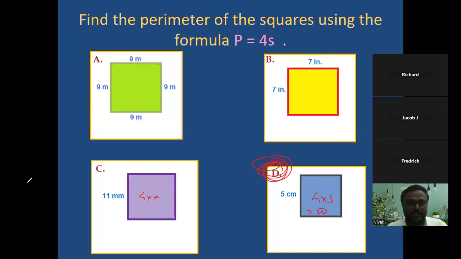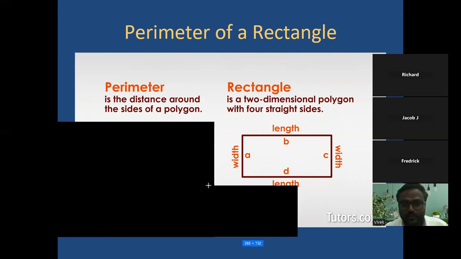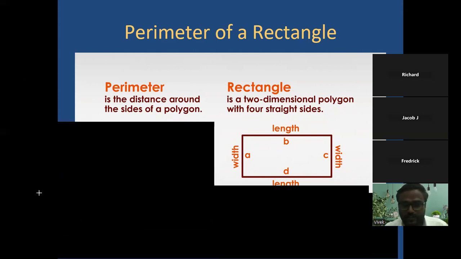That's awesome, guys. Let's move on to the next thing, which is the perimeter of a rectangle. You guys also need to remember this formula if you want to solve it the easier way. Now, let me clear the board so that I can write it.